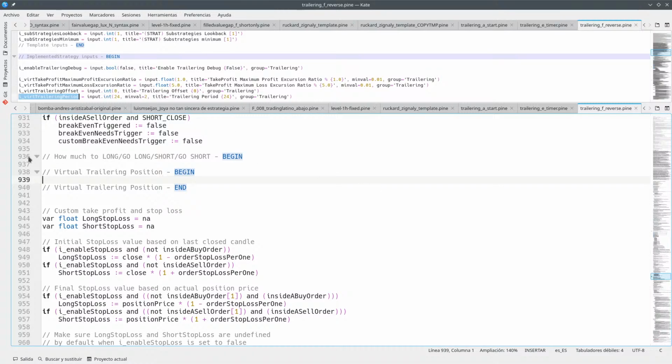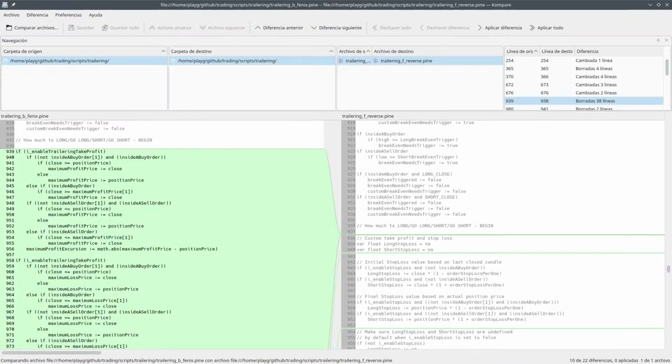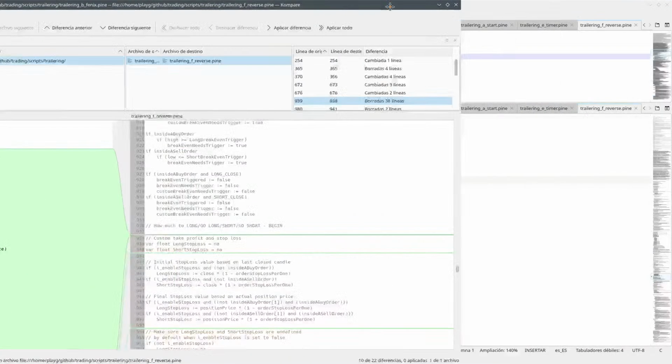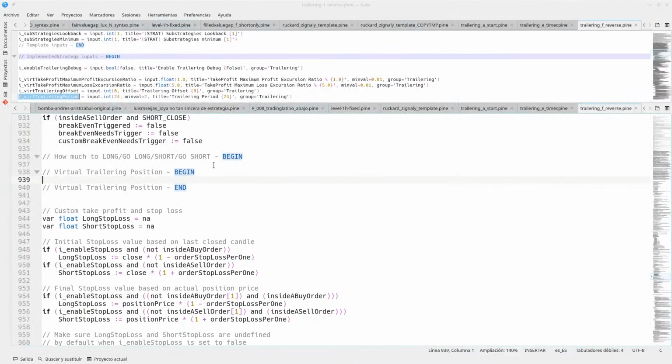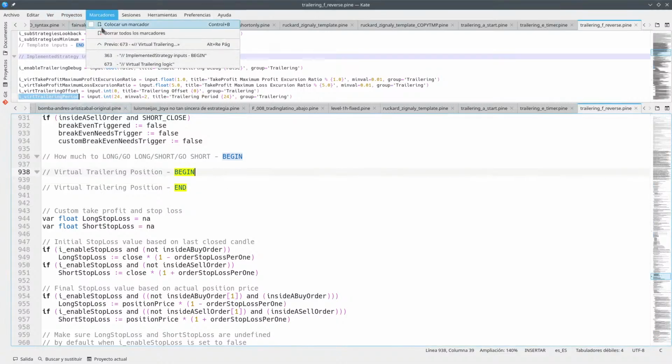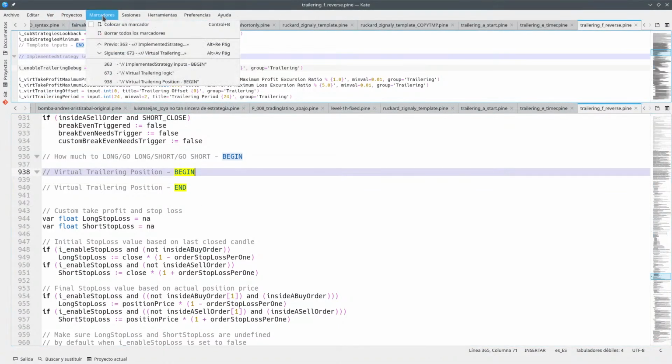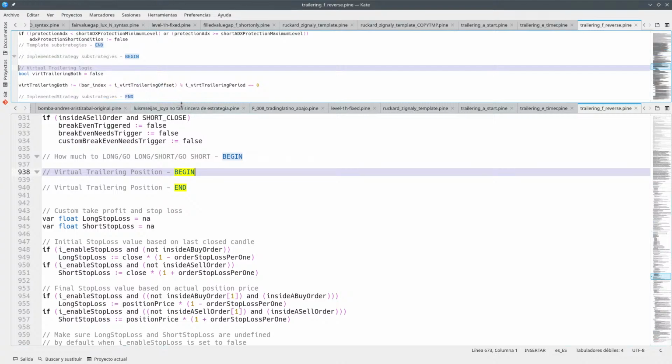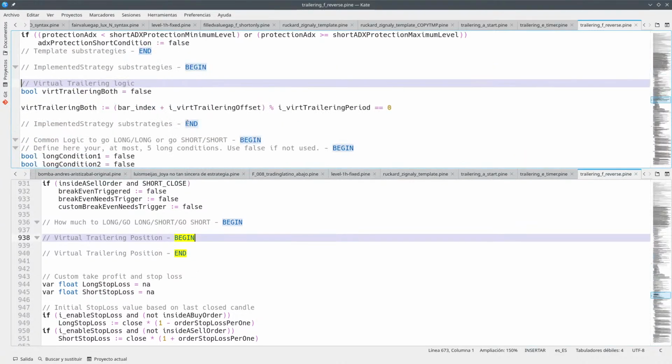So let me take a look. We don't care about this variable because this is always true. Nice. And then there's whether we are inside a buy order or not. This is being set or not with this variable here, which is the both one. Yeah, the virtual trailering logic, which I have up here.